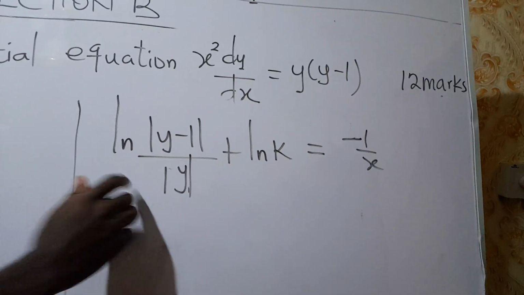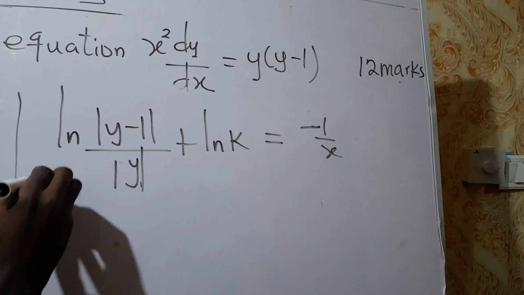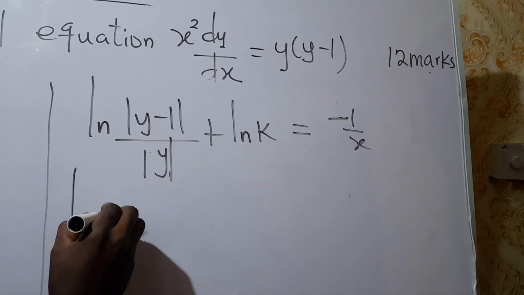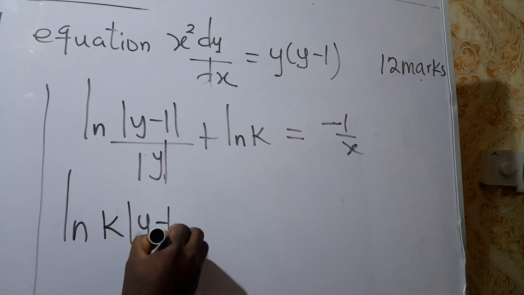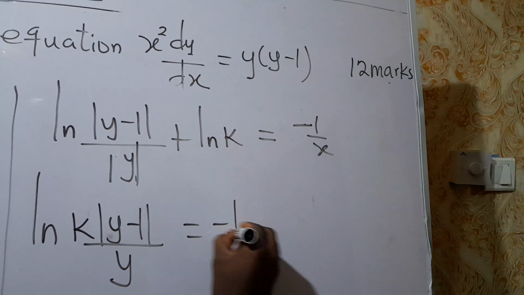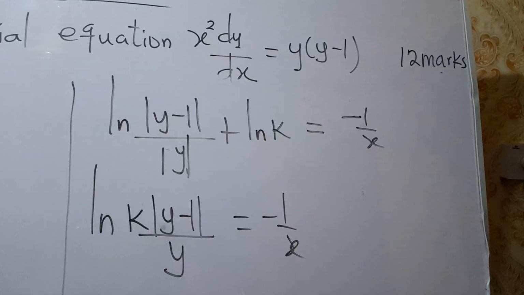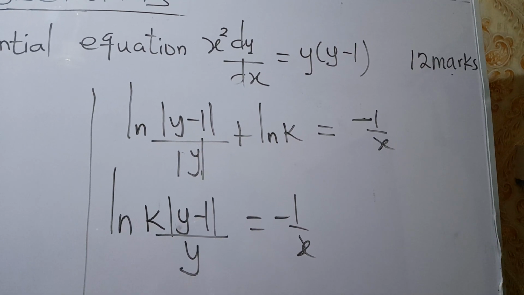So when two logarithms are adding with the same base, we can multiply. Then we can say this is ln k times y minus 1 over y is equal to negative 1 over x. Remember, ln is log with natural base e.